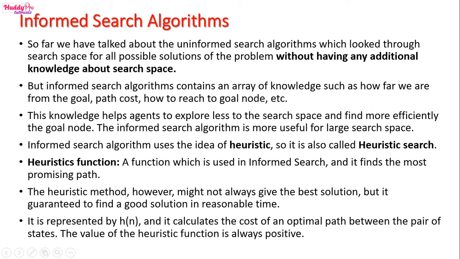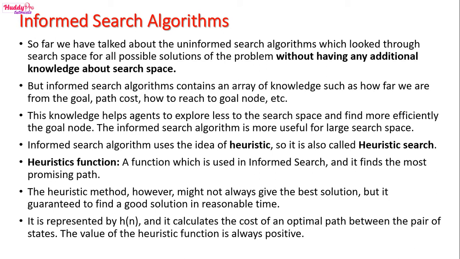But informed search algorithms contain an array of knowledge, such as how far we are from the goal, the path cost, how to reach the goal node, and so on. So unlike the previous search algorithms, the uninformed, these informed search algorithms will contain an array of additional knowledge.